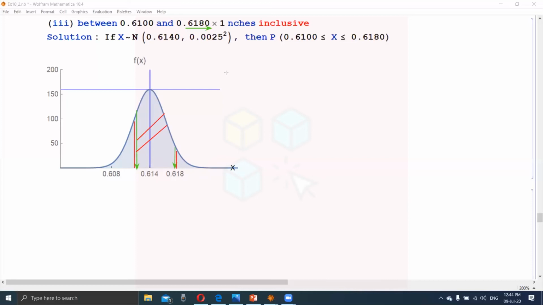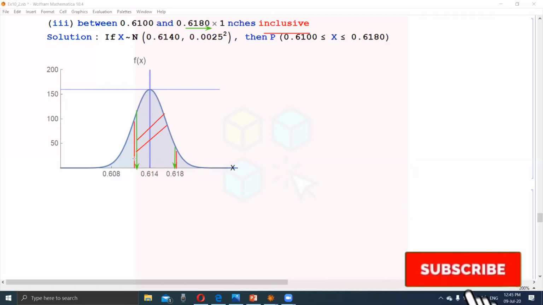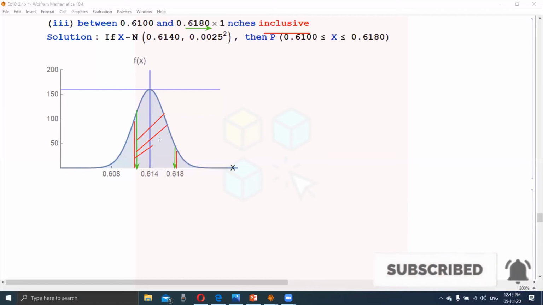So whenever there is the word inclusive, you have to introduce two points on the number line beyond your actual points. So we will increase the shaded area now from red line to red line. Now I'm going to color it so that you can easily understand that whenever the word inclusive is in the statement, continuity correction is required.